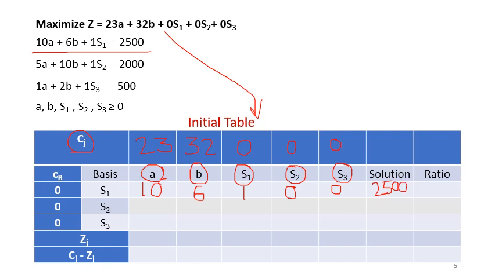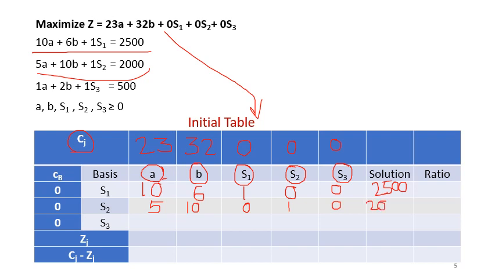Similarly, in the second constraint, a has a coefficient of 5, b has a coefficient of 10, s1 is 0, s2 is 1 and s3 is 0, and the right hand side value here is 2000.